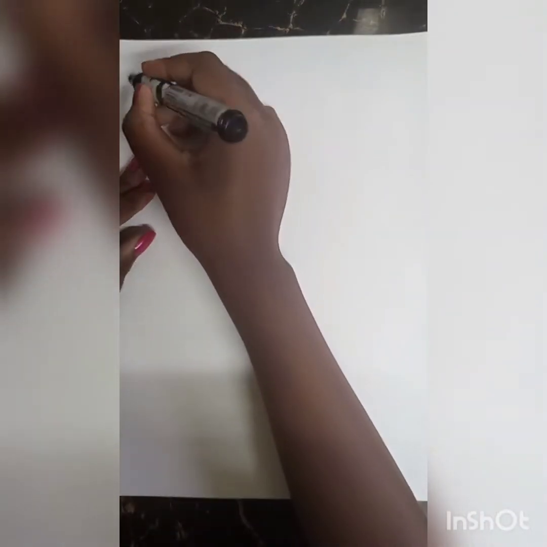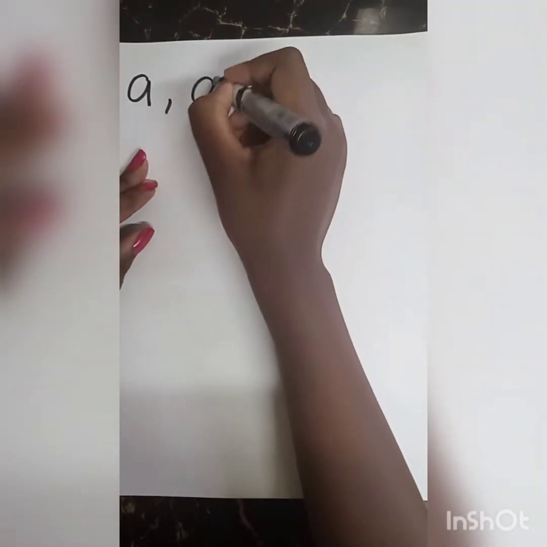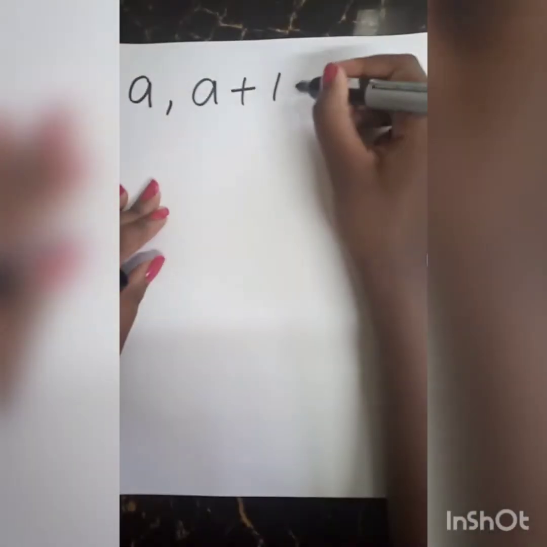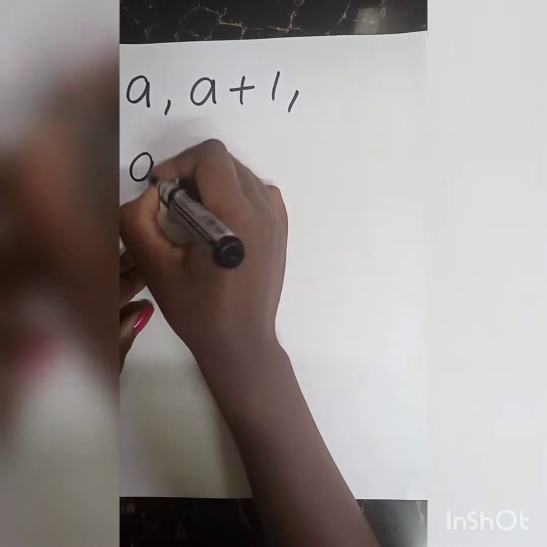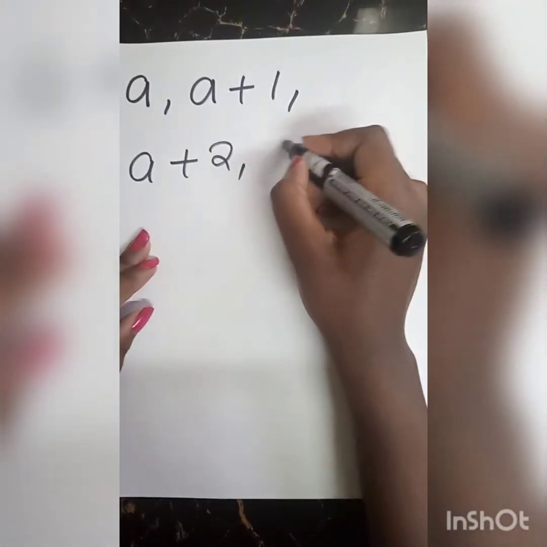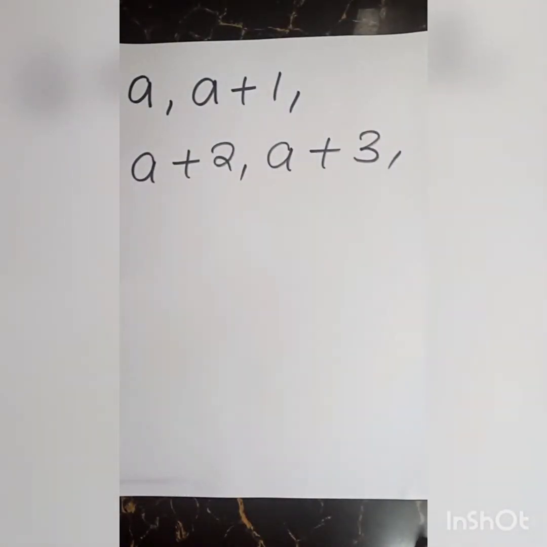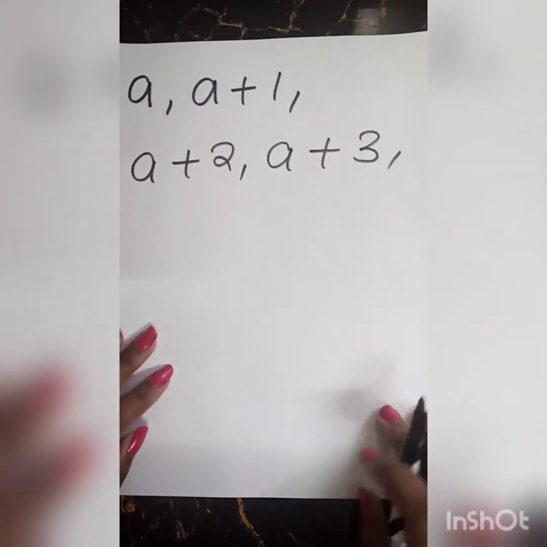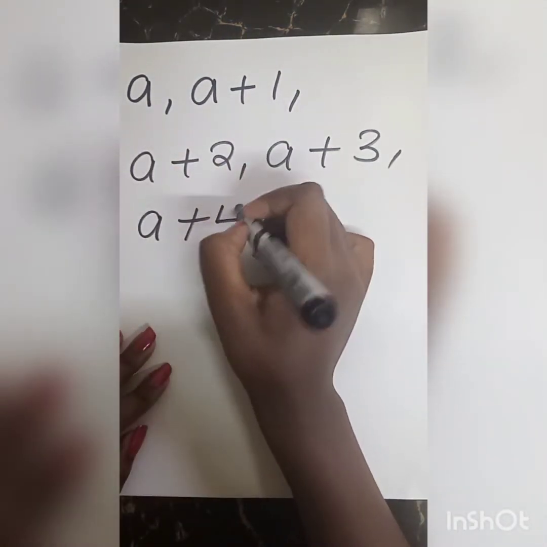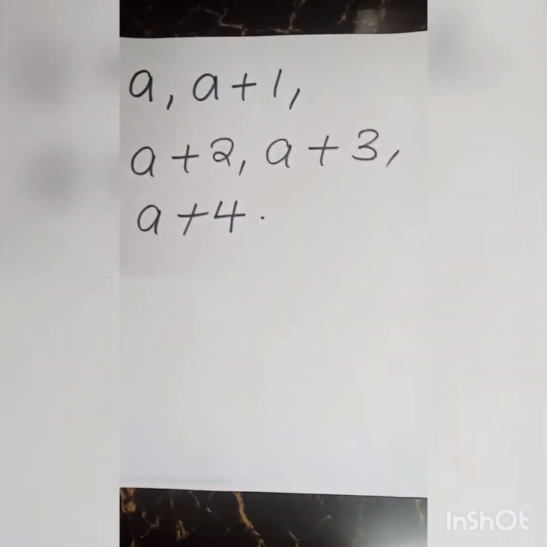So let's now assume that the 5 consecutive whole numbers are A for the first number, A plus 1 can be the second number, A plus 2 can be the third number, A plus 3 will be the fourth number. What will be the fifth number? Yes, you are right. A plus 4 will be the fifth number, okay? And here we have our 5 consecutive whole numbers.